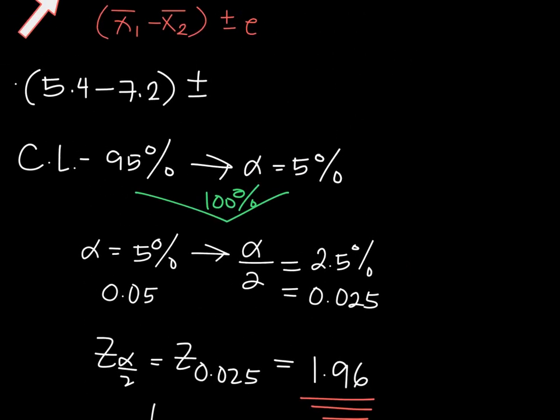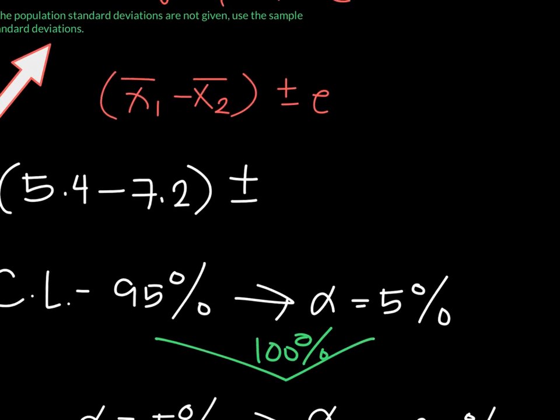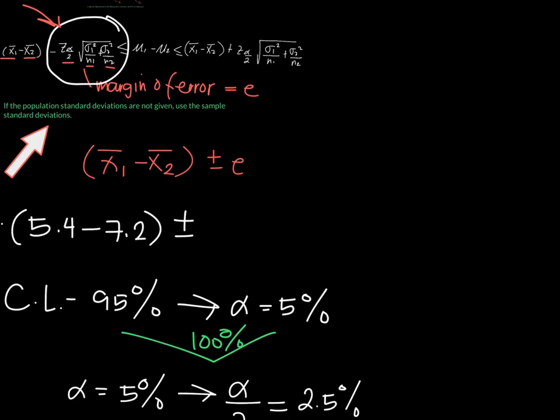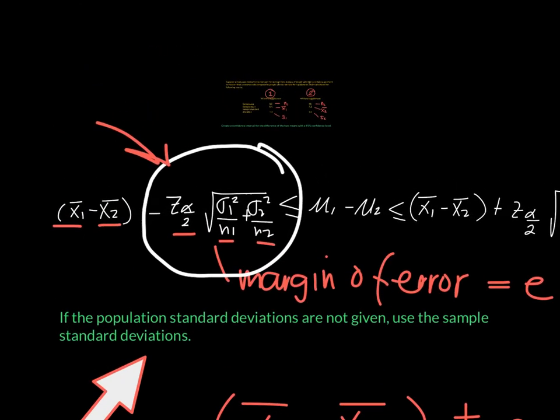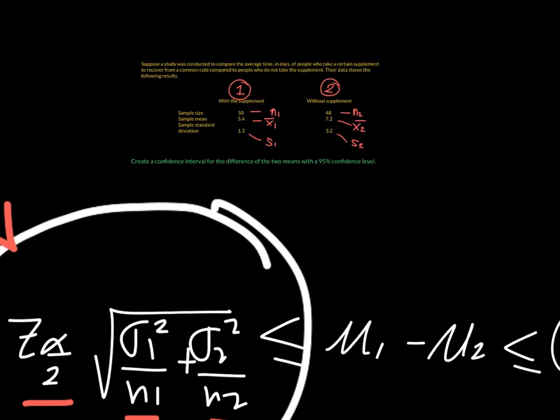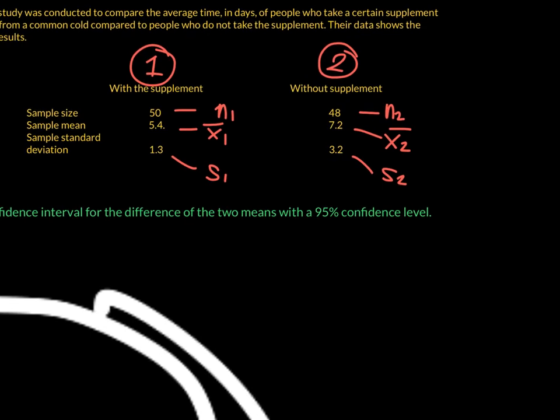So if we go back to our formula, our plus minus e, so e is z of alpha over 2, we know it to be 1.96, times the square root of those sigmas. Now again, the population standard deviation sigma is not known, so we have to make use of the sample standard deviations. So take note of the numbers 1.3 and 3.2.